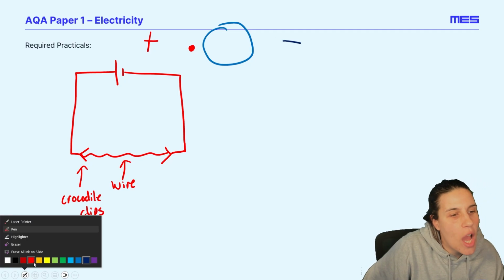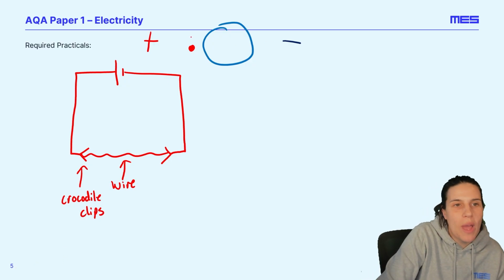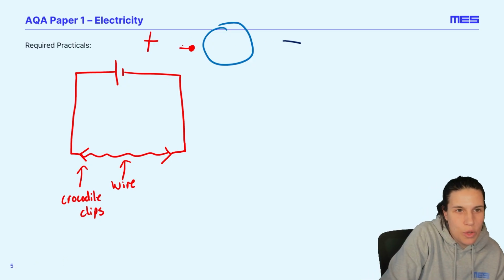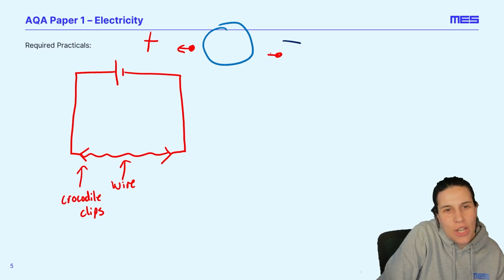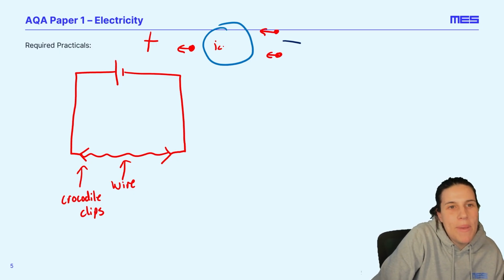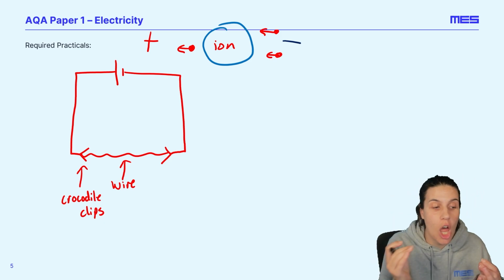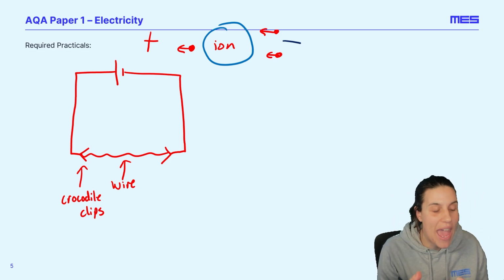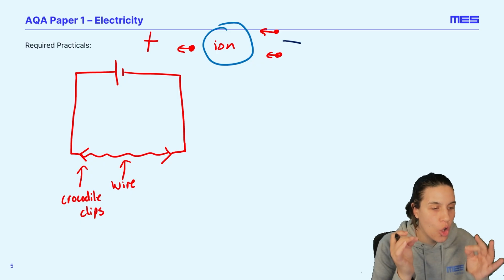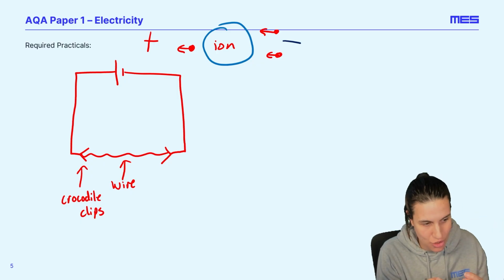So because electrons have got a negative charge, they'll be repelled away from the negative and attracted to the positive. So we're going to have lots of electrons flowing through this wire. But as you can see, my big old ion is getting in the way. So those electrons are going to collide with the ion and transfer some energy. That is what causes resistance, okay?